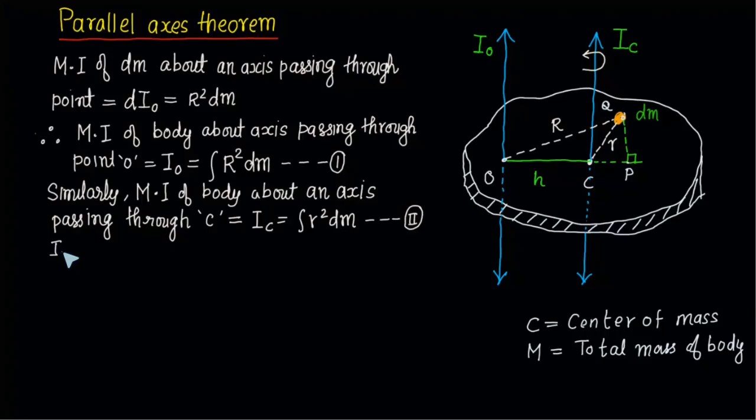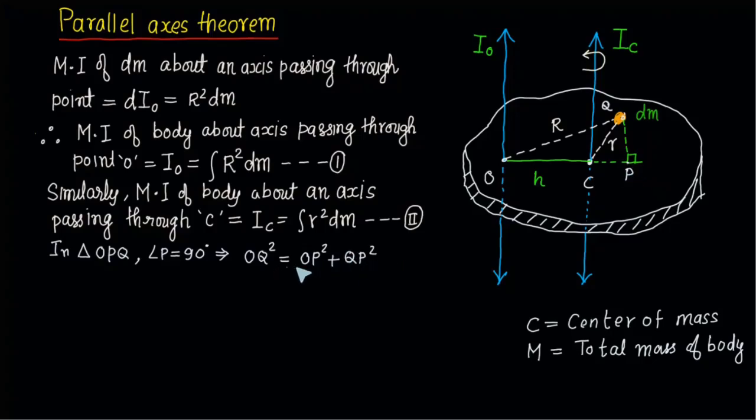So in triangle OPQ, angle P is 90 degree, as you can see from here. Therefore from here I can write by Pythagoras theorem OQ square equals OP square plus QP square.